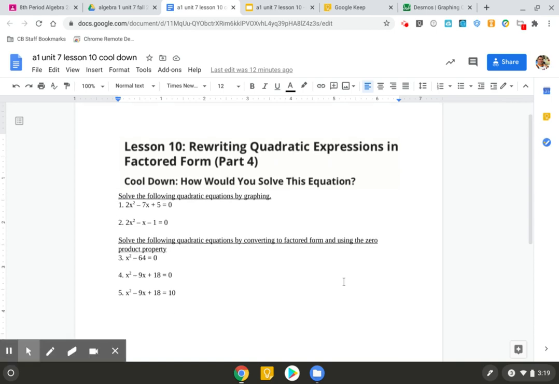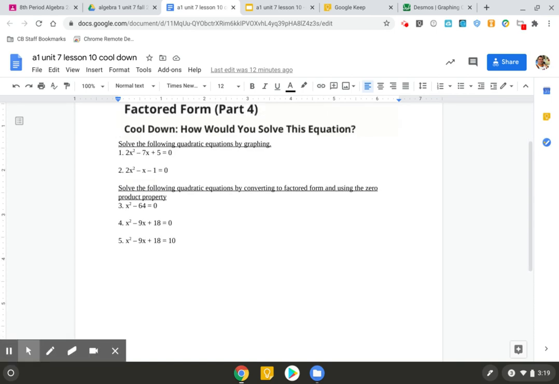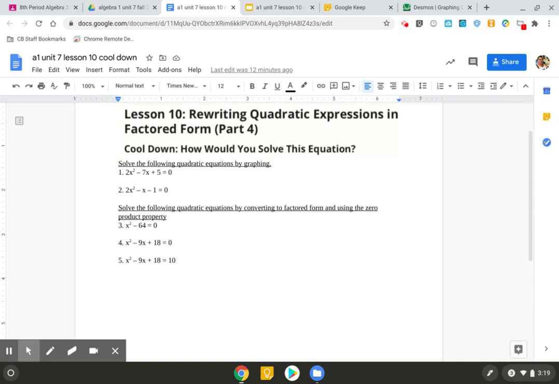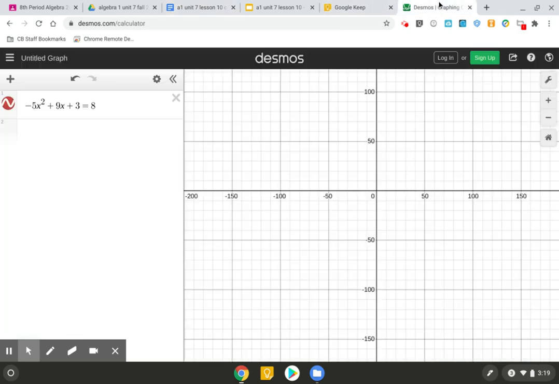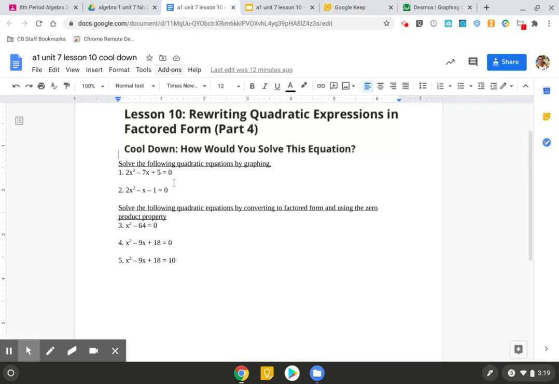So if you look at your cooldown for tonight, lesson 10 cooldown, notice the first 2 questions, it says solve the following quadratic equations by graphing. So you can literally solve those by putting them in Desmos like I did. Okay. For 3, 4, and 5, notice it specifically says solve the following quadratic equations by converting to factored form and using the zero product property.